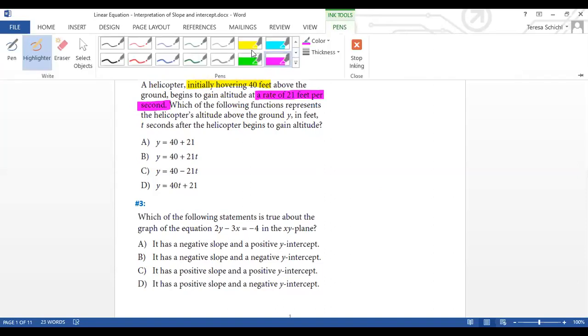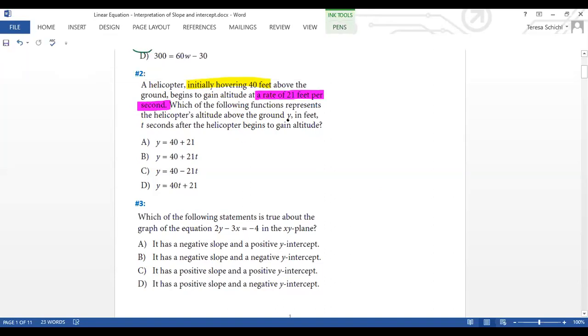So now you see, they ask which of the following functions represents the helicopter's altitude above the ground, y in feet, and t in seconds. The rate is 21 feet per second, so it's y equals mx plus b.